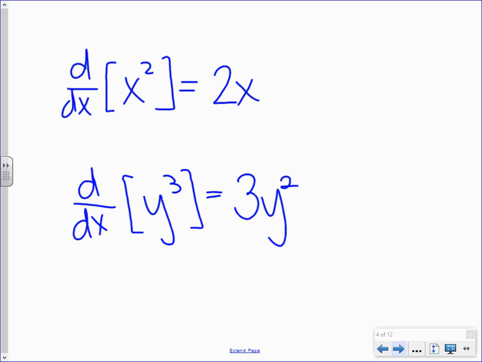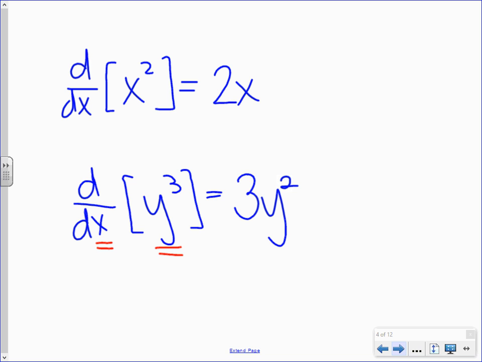since this variable does not match this variable, we have to think of this as a chain rule problem. We then have to multiply by the derivative of the inside. What's inside the cube?